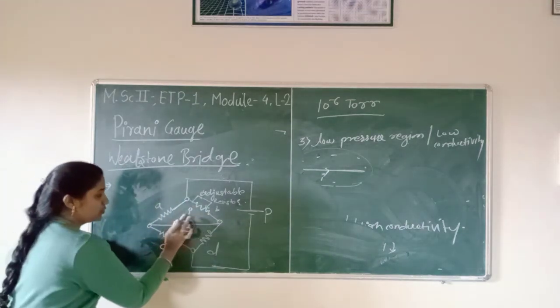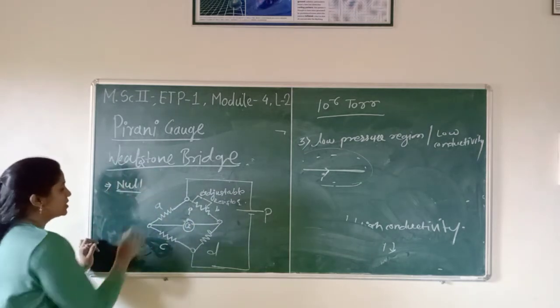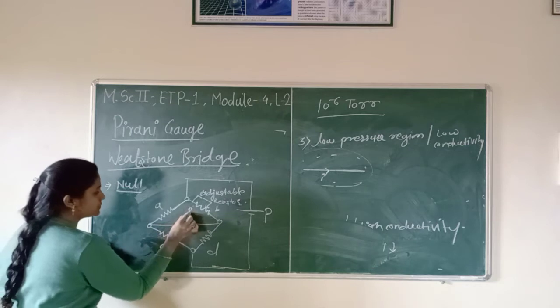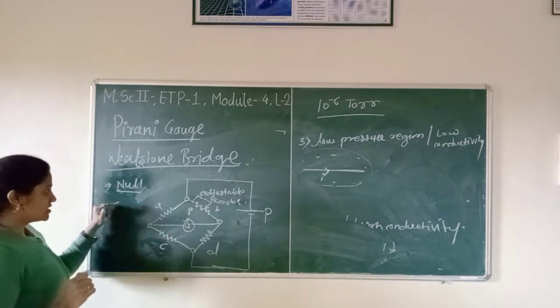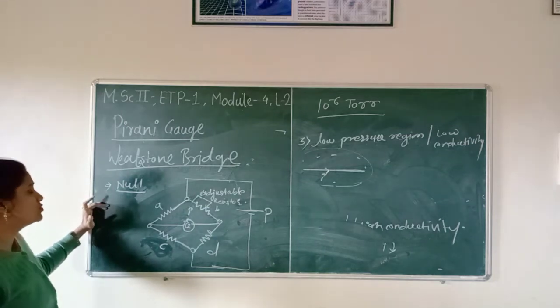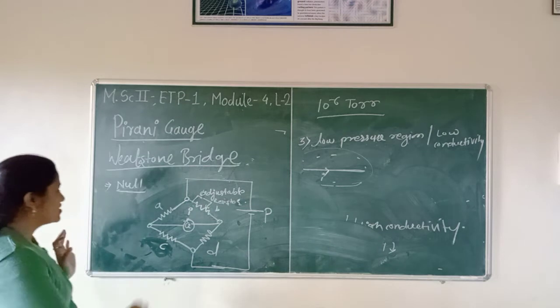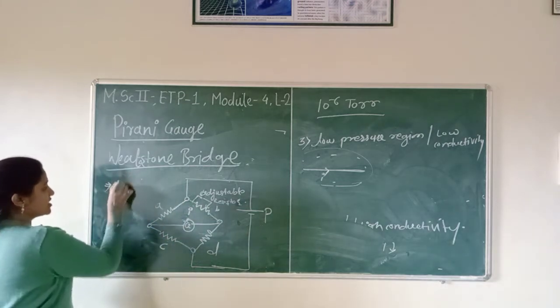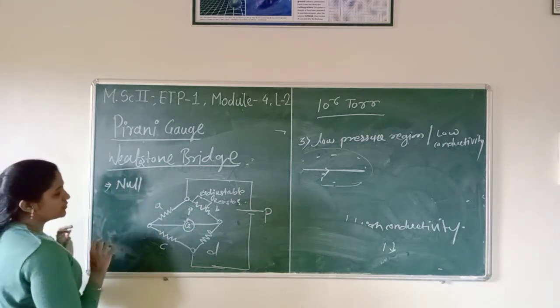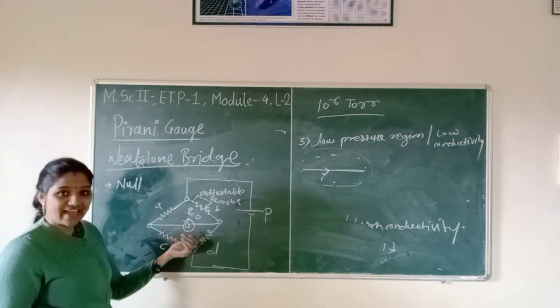Now for the working of the Wheatstone bridge, when we are giving the power supply, first for the null condition we have to adjust I equal to 0 for this galvanometer.